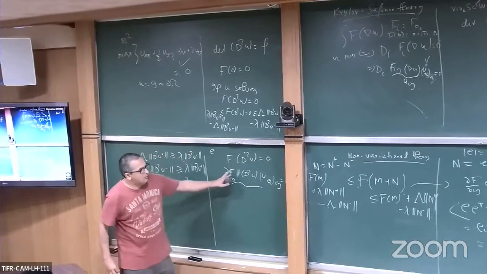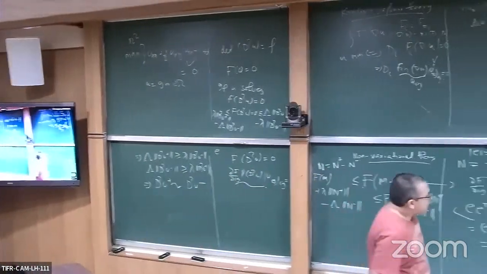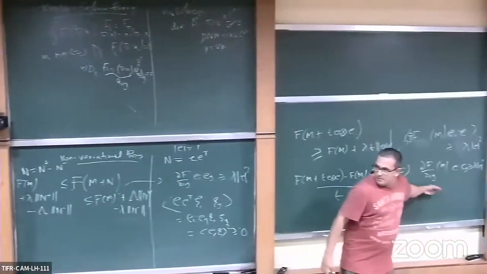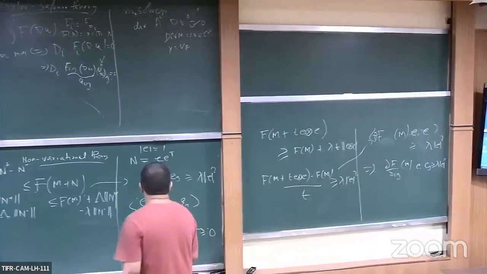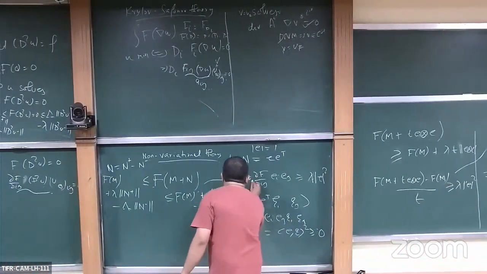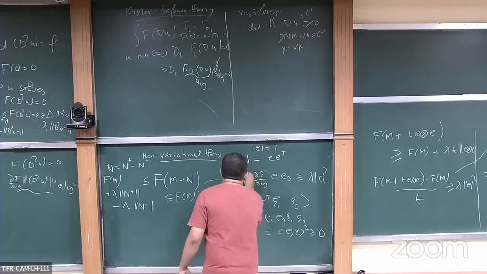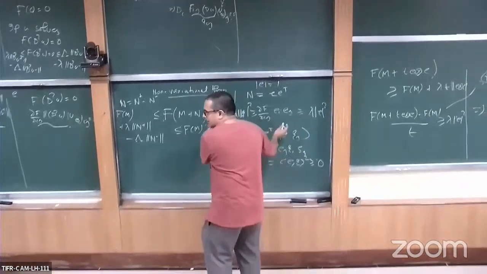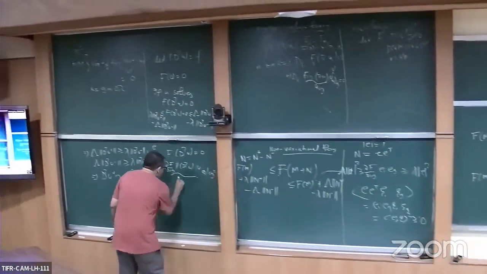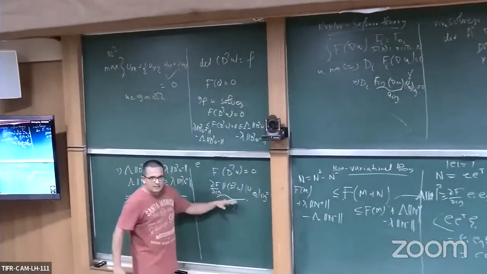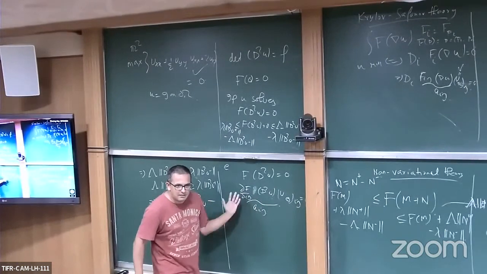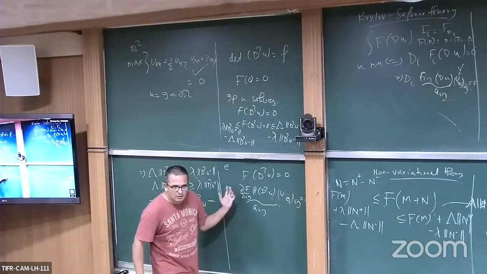Now, again, because of uniform ellipticity, which is enforced by this, λ|e|², this is the ellipticity condition. So if I look at this matrix A_ij, this is uniformly positive definite.